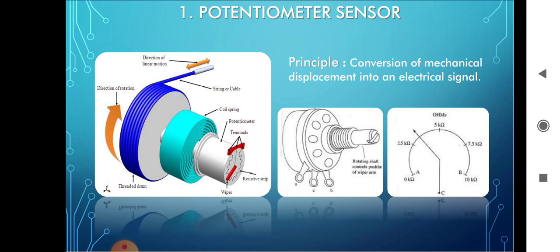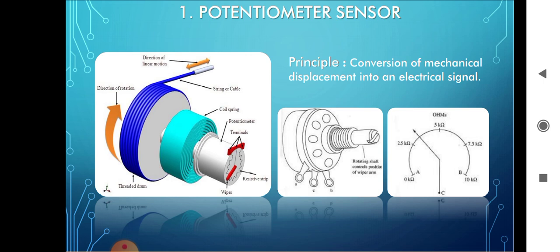You can see in the construction that the direction of rotation of the drum is given. That drum is nothing but a corrugated diaphragm, then a coil spring is there, the potentiometer is connected, then terminals are given for the potentiometer. The potentiometer has three terminals. The two terminals A and B are fixed and terminal C is variable.